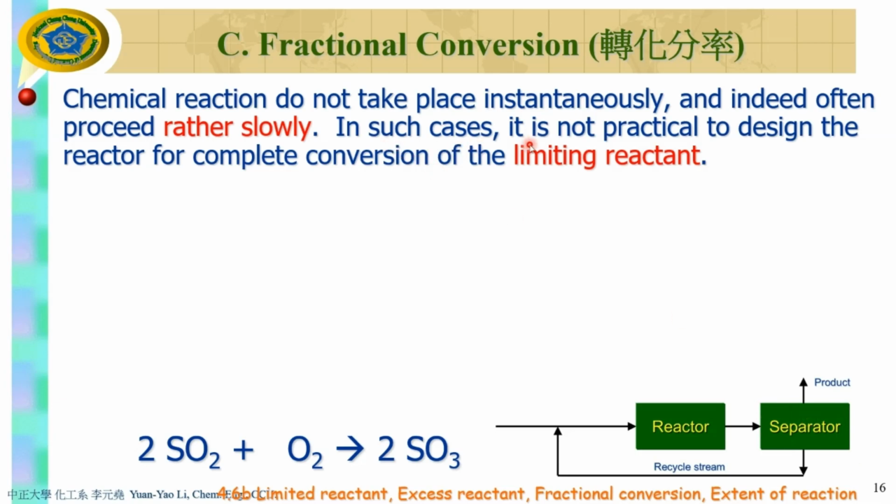In such cases, it is not practical to design the reactor for a complete conversion of the limited reactant. It takes a long time to complete the reaction, and you don't want to wait, so you just make a separator to separate A and B.